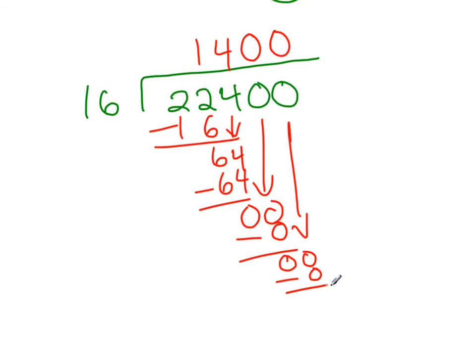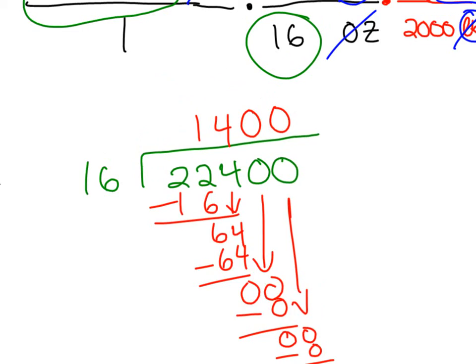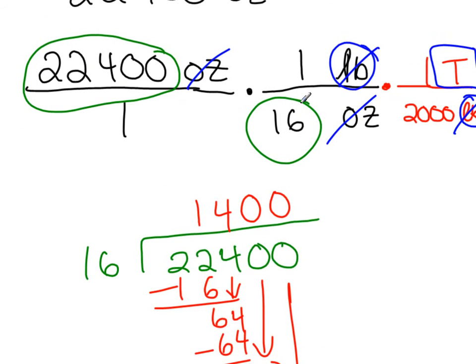And there we go. We have no remainder. So we have 1,400. Sorry, I said that wrong earlier. So 16 goes into itself once and into this lovely number 1,400. But we still have the issue where we're dividing this by 2,000.